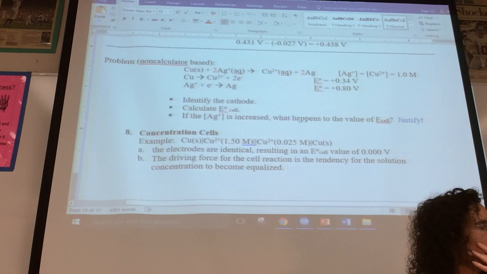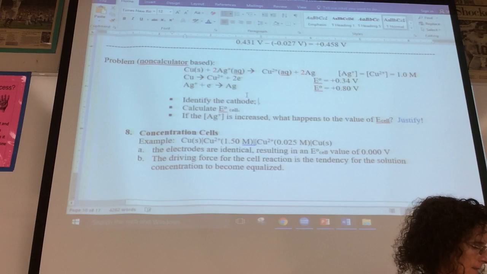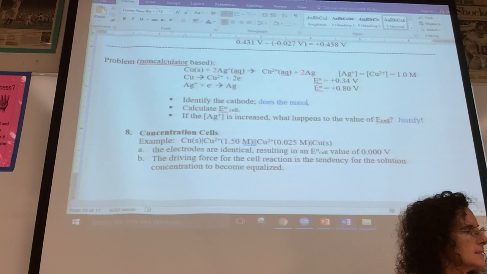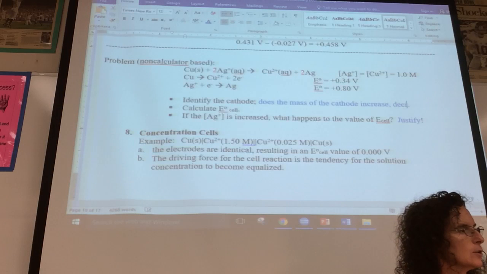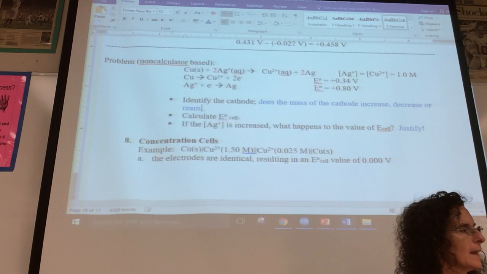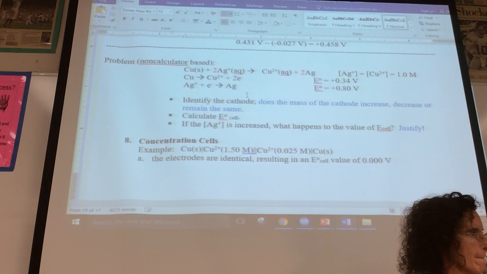The only other thing I could think of, it says identify the cathode, and the other thing they could ask, and I have seen asked previously, is does the mass of the cathode increase, decrease, or remain the same?